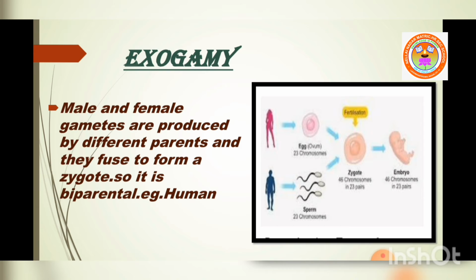For example, human beings, dioecious, unisexual animals. So male parent and female parent, two parents involved in this type of fusion. So it is called biparental. Male and female gametes are produced by different parents and they fuse to form a zygote. This is called exogamy.